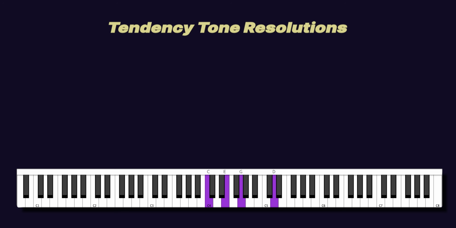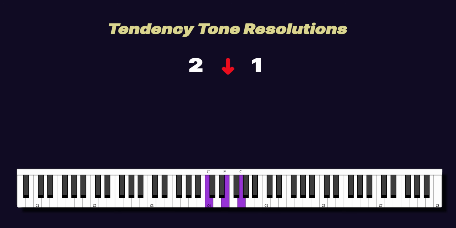tones. So the D, or the 2, wants to resolve down to the 1. The 4 wants to resolve down to the 3. The 6 wants to resolve down to the 5.